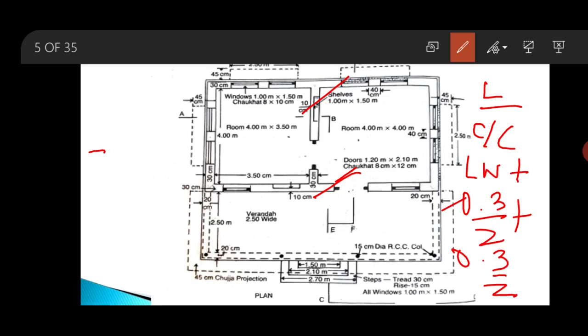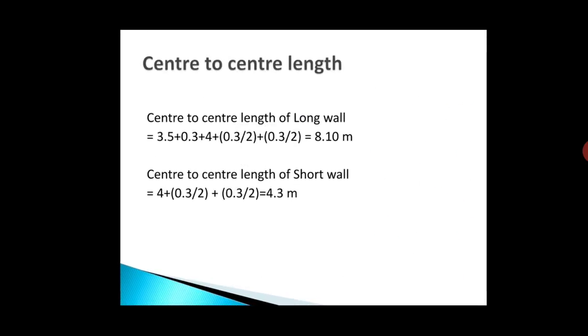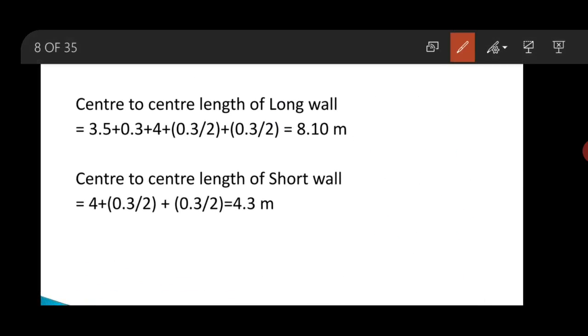So we will add 0.3/2 on both the sides. Then what is the center to center length of long wall of the room? You have already calculated, that is 8.10 meter.